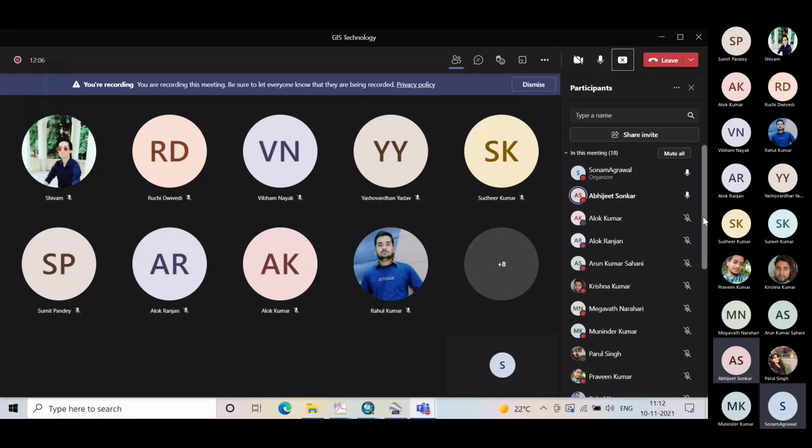Sorry, reclassification. Okay, so you are not giving the answer, then I am assuming that you do not know what reclassification is. Okay, next, Alok.